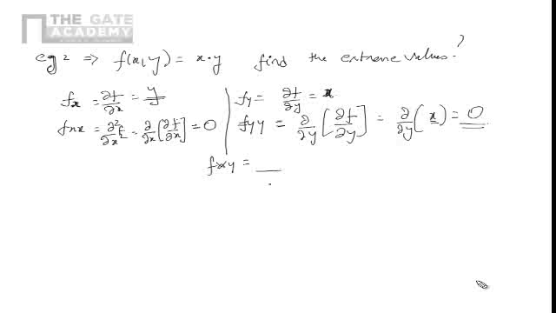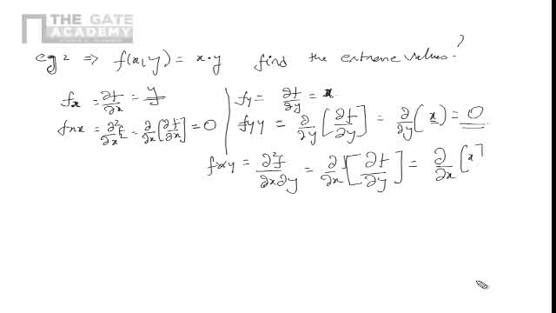Fxy is dou square f by dou x dou y, which is dou by dou x of dou f by dou y, which is dou by dou x of x. This is nothing but 1.